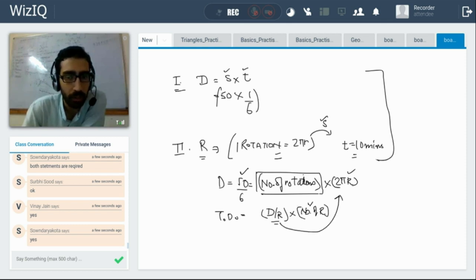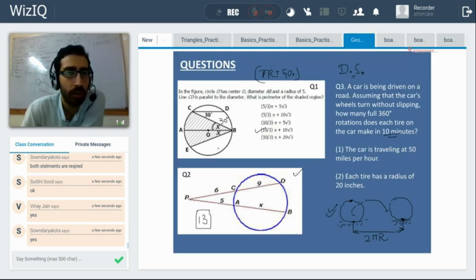And we can calculate the number of rotations if we know the total distance, which we do from statement 1. So combining both, I can get the answer. No need to calculate, no need to do anything else any further. Don't waste your time on data sufficiency questions, spending time calculating. It is not needed. You combine the two and you get answer C, and C has to be the right answer. Yeah, is this good?